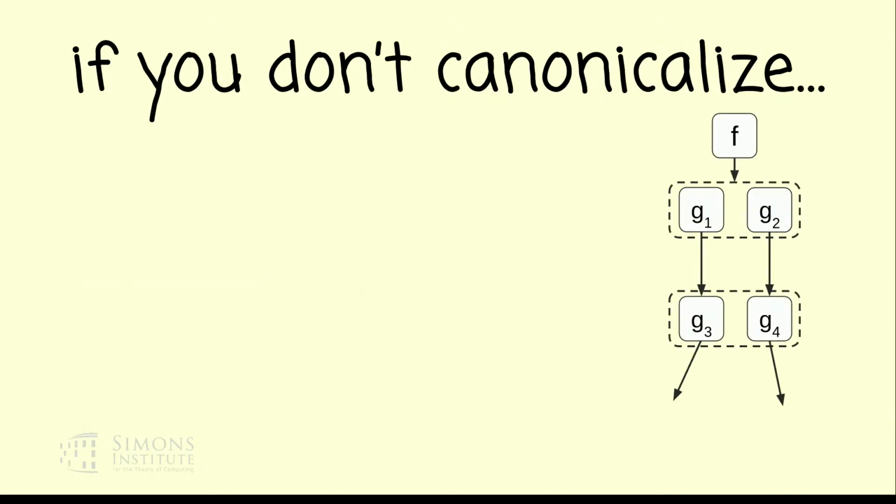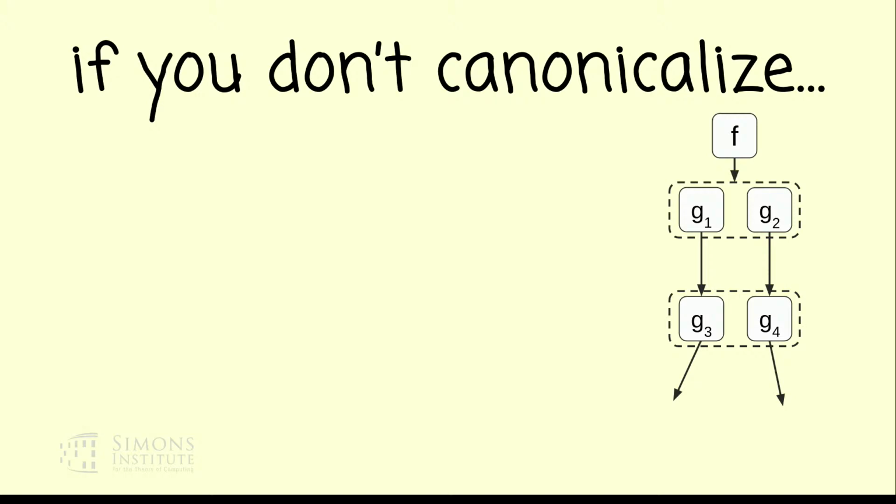So hopefully this picture will relate what happens if you don't canonicalize. Here is a picture of a sort of uncanonicalized egraph. In the old egg, or egraph as a data structure, we would consider this malformed, for the following reason. I've labeled these G nodes with G1, 2, 3, 4, but those are only for our purposes.